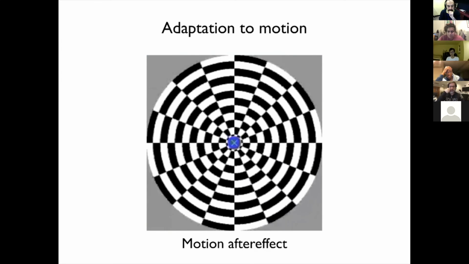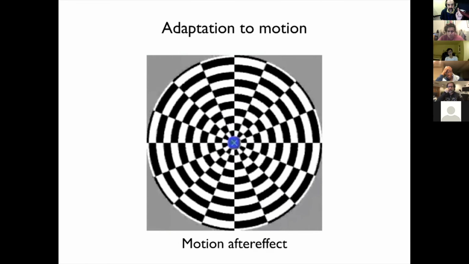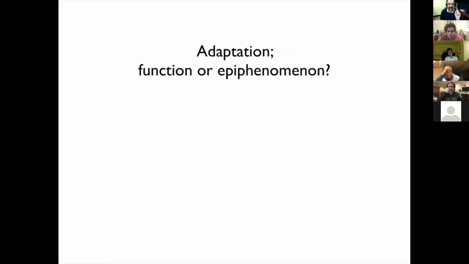One thing that I want to mention, now that we are here, is a general point. I'm using motion adaptation as an opportunity to bring this up, but this is a really general discussion. When you look at a motion signal and you get adapted to it, if it is a contracting motion, then things look expanding to you.